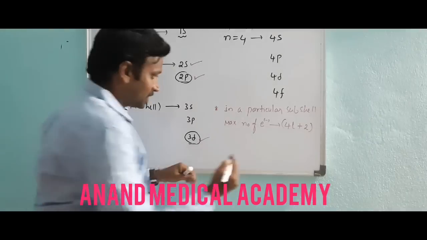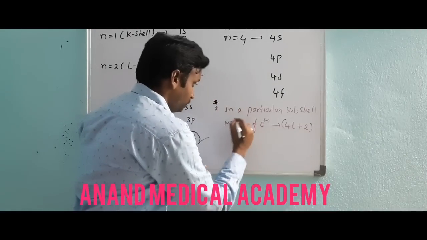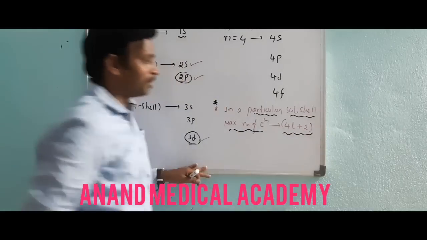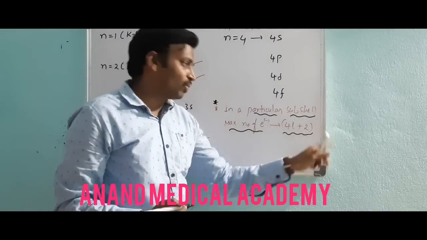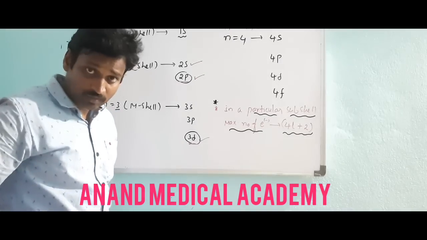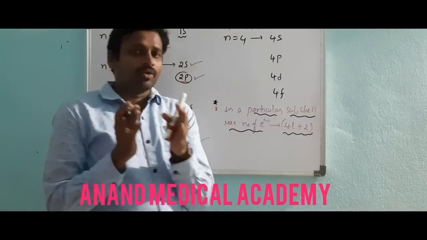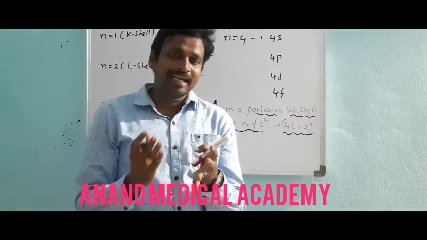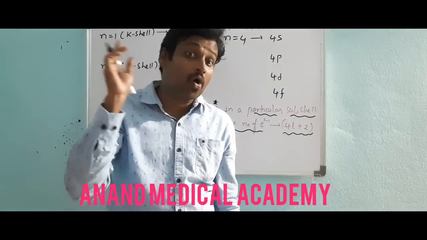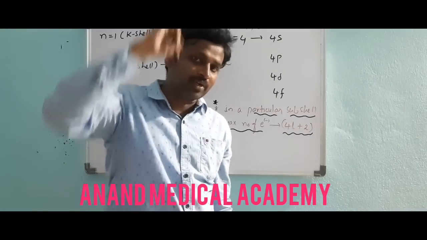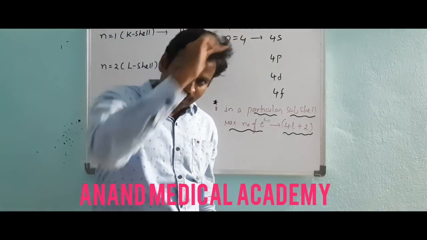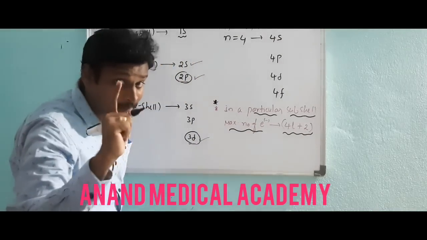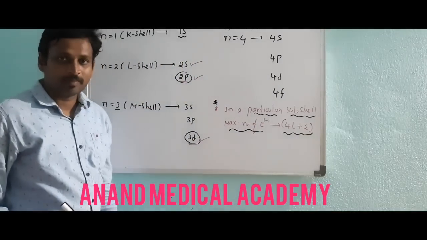To repeat: in a shell, the maximum number of electrons is 2n square, and in a subshell, the maximum number of electrons is 4l plus 2. This is very important.